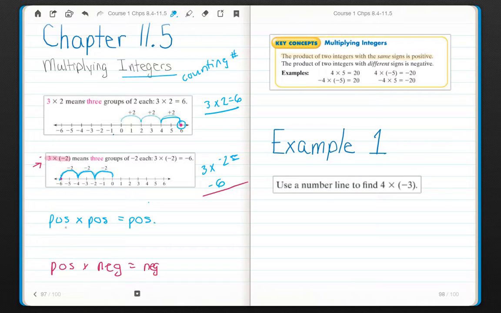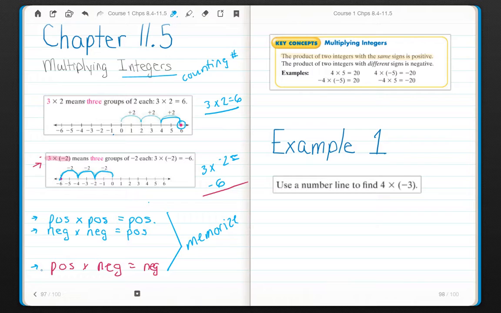That means that a negative times a negative equals a positive. So this you just need to memorize. You need to know that a positive times a positive equals a positive. A negative times a negative also equals a positive, but a positive times a negative equals a negative.